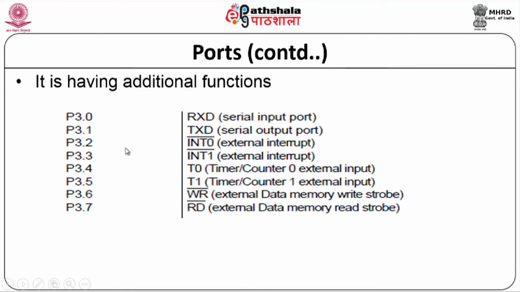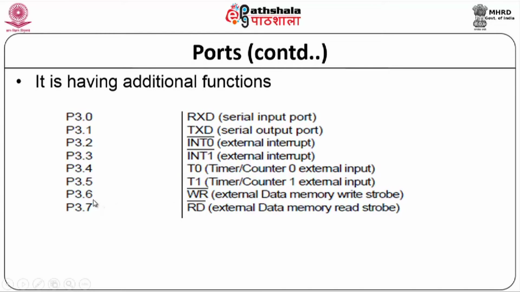So, 2 interrupt pins are supported, and P3.4 and P3.5 are 2 pins which you can use as counters also. If I want to count something happening outside, that can be given as an input to these pins, so that I can count how many times that particular thing has happened.